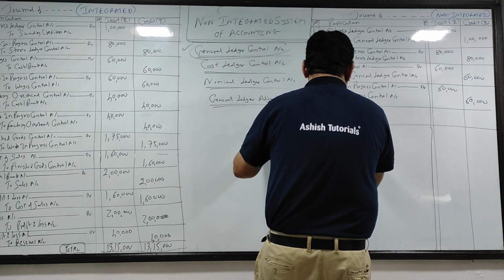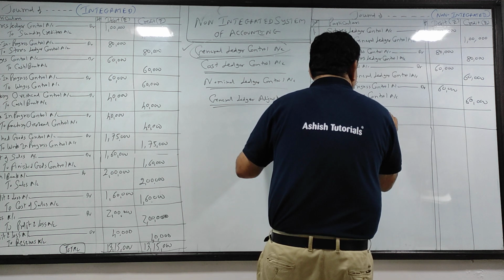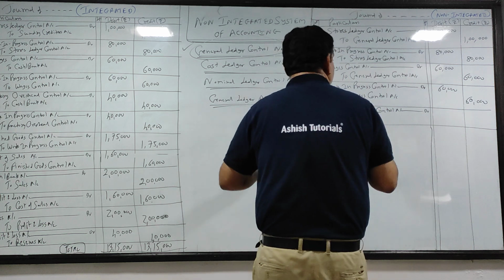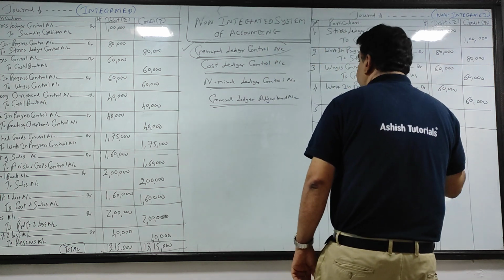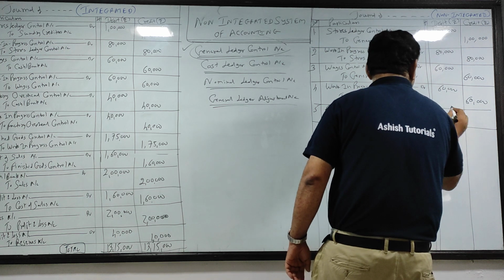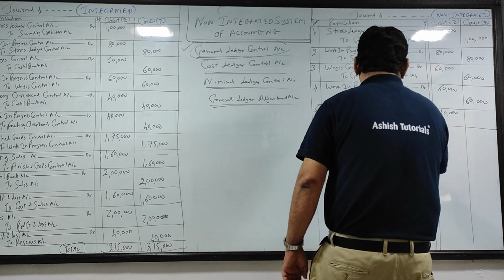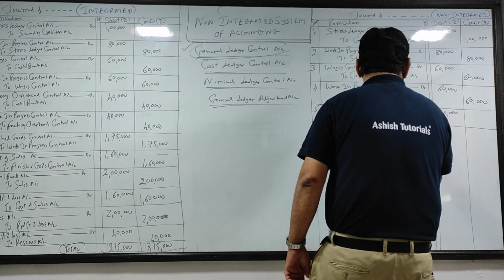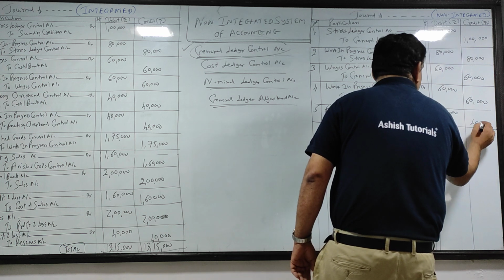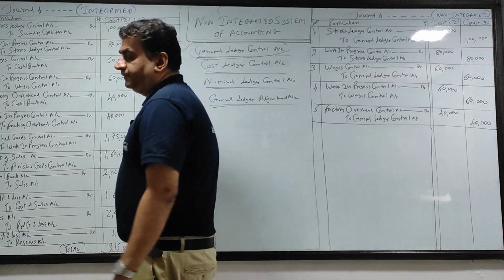So my next entry becomes factory overhead control account debit 40,000 to general ledger control account 40,000.